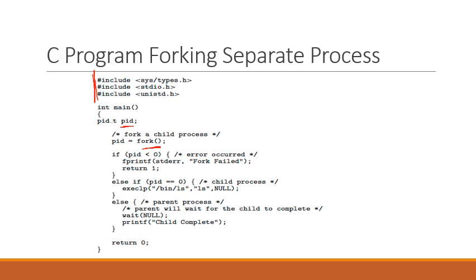So after this fork system call, both parent and child will start their execution after the fork system call. So in the parent process, the fork system call will assign a value to this instance PID, and this value is the PID value of the child.